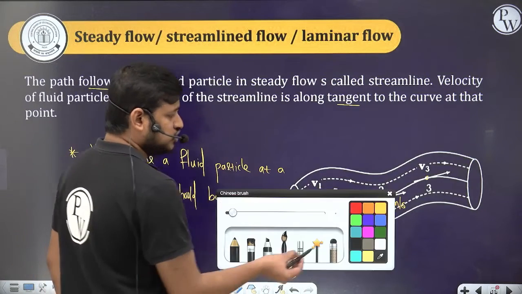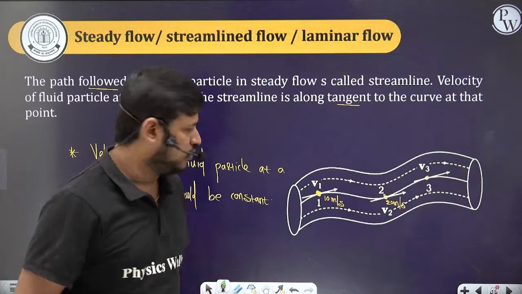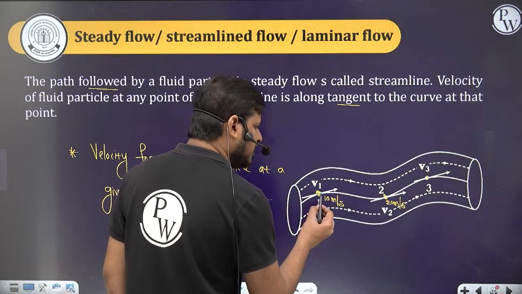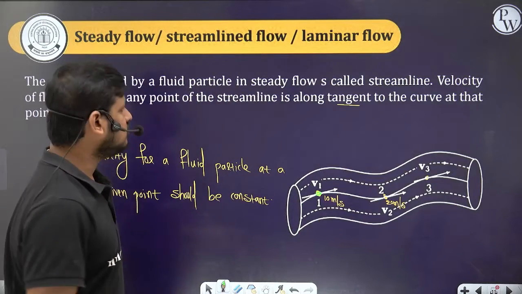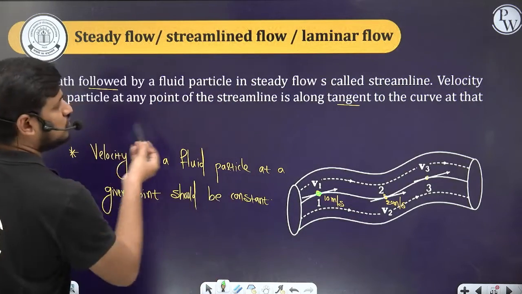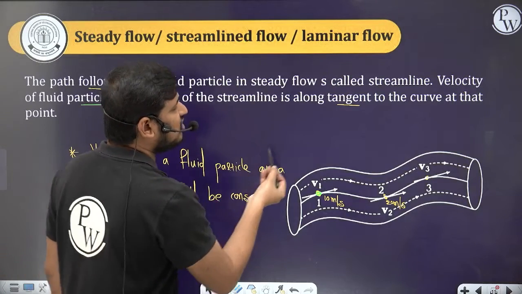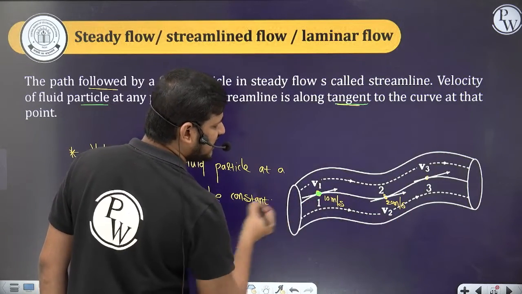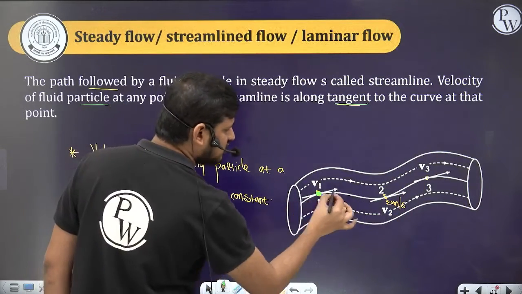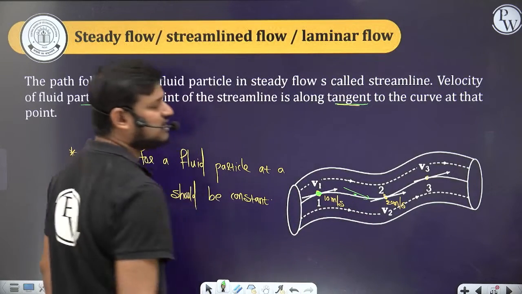And one more thing, if you want to find the direction of that streamline flow, at that point just draw a tangent on the curve. So the velocity of a fluid particle at any point of the streamline is along the tangent to the curve at that point. If you want to know the direction of the streamline flow, just draw the tangent at this point, and then here just draw the tangent.